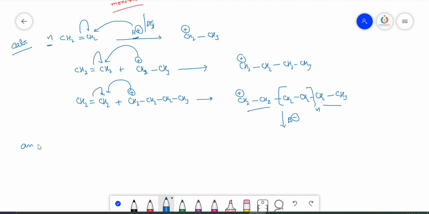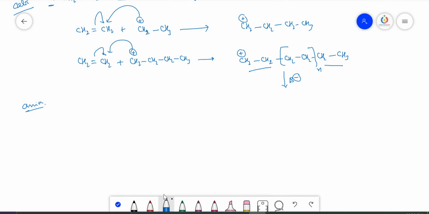Then what happens in the case of anionic polymerization? I will just take an example. In anionic polymerization, you see CH2 plus, okay, I'll take this n number of times. You just take Cn minus.